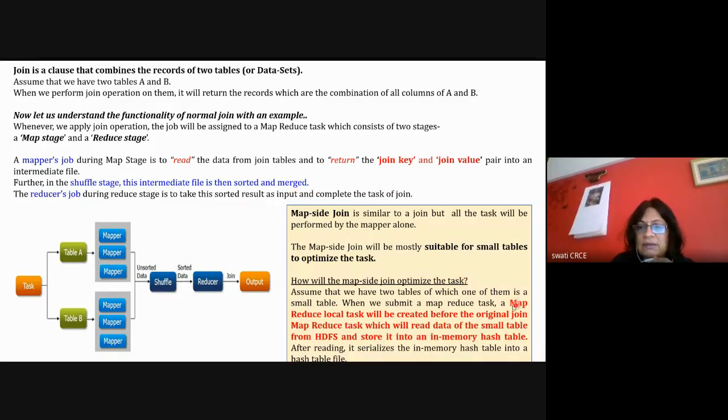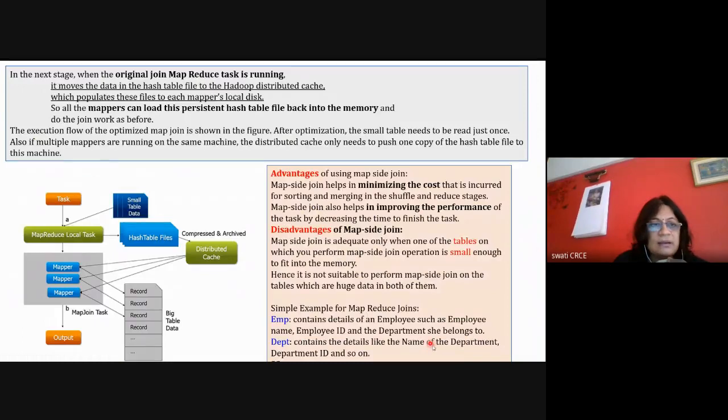What is written here is an important thing. The MapReduce local task will be created before the original join MapReduce task, which will read the data from the small table from HDFS and store it in an in-memory hash table. We'll see that in the next diagram. What is happening here is that you may have the small data.